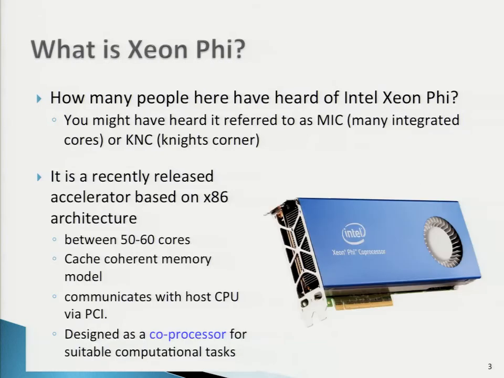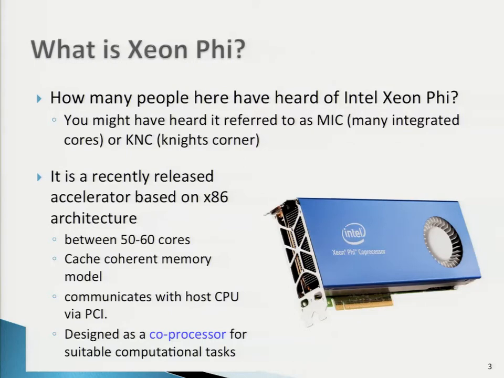So it's a plug-in coprocessor card. It's based on the x86 architecture, the same architecture that's behind our Sandy Bridge and our many generations of Intel chips before it. But the main departure from history is that it has between 50 and 60 cores. I think the number has been finalized at 60 cores. We've had some test devices here for a while that have had 61 cores. It has a fully coherent cache memory model.